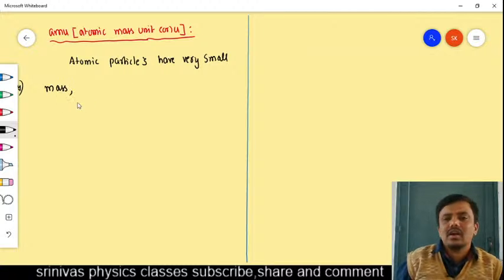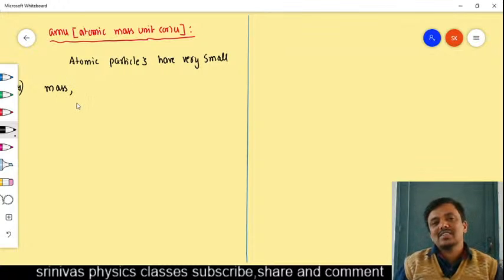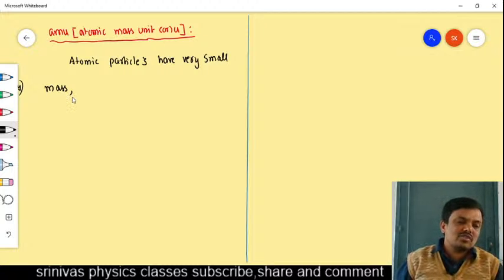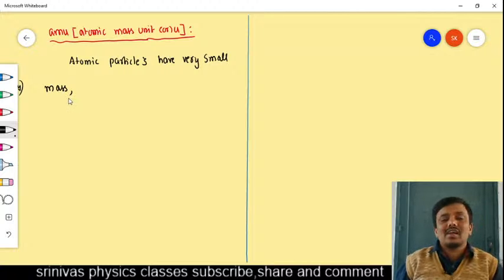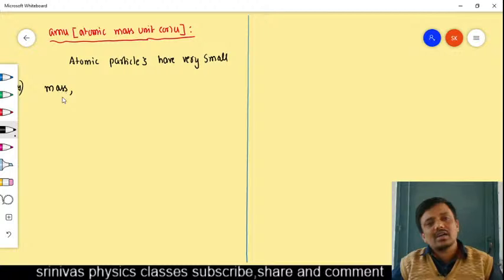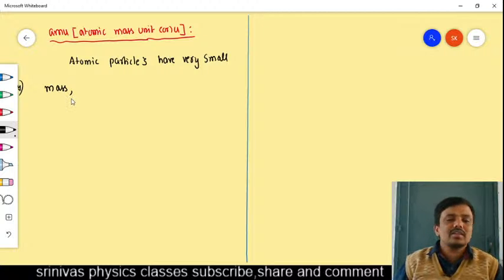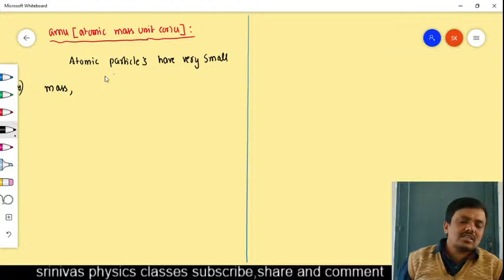Proton, neutron, electron have very small mass, and that mass is measured with some smallest unit, not in kgs. The atom and the proton do not have a mass that is convenient in kg. If you measure in kgs, you should write the mass of the proton as 0.000000000, like that some 20 zeros, and then something after that. That means a very small number.